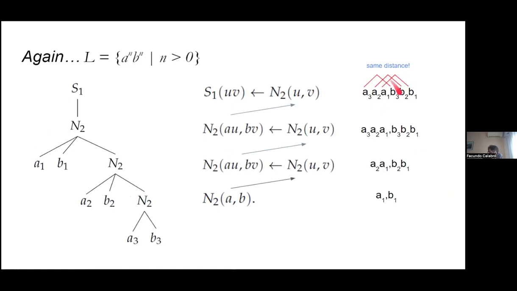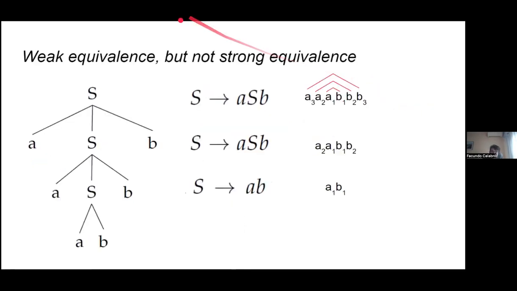And if we draw a line between them, I mean, we get these crossed relations. So these are like the strings derived at the same step. The distance is always the same, and this is different to what we had seen with CFGs.